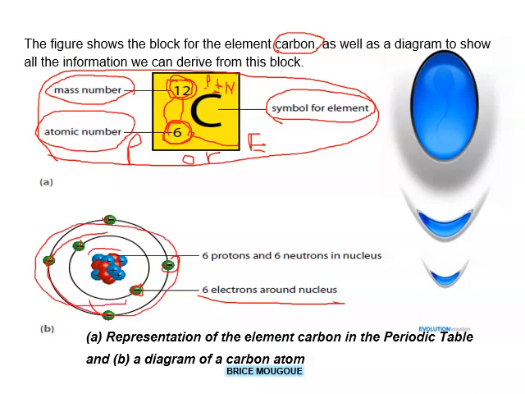This is the nucleus here. There are 6 electrons that are moving around the nucleus in energy levels that we refer to as shells.